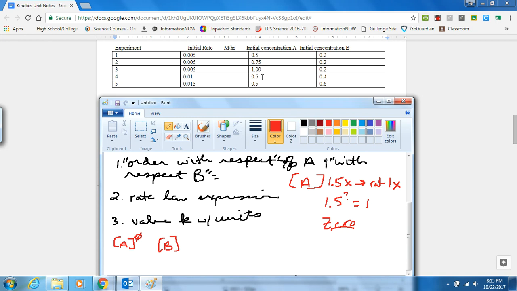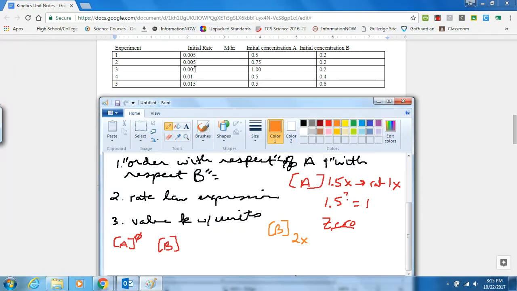So you see how A is constant there. Let's figure out what's happening to B's concentration. B is going from 0.2 to 0.4. So you see how my concentration is doubling from 0.2 to 0.4. My A is staying the same. And let's see what is happening to my rate. That 2 times in concentration is causing my rate to double.